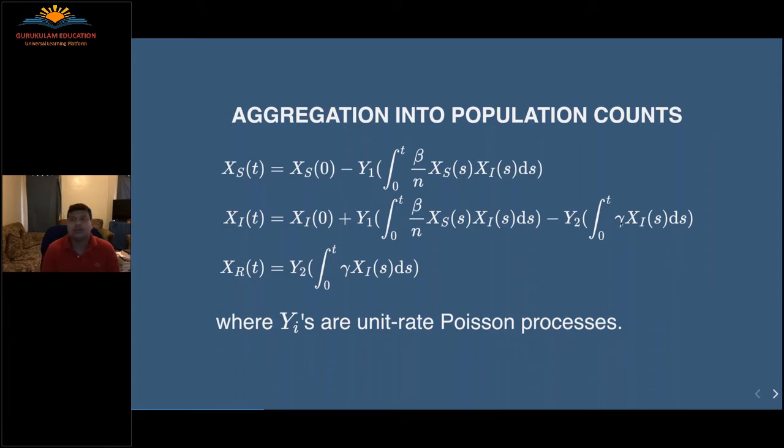Now we are no longer talking about individuals, we are talking about population counts. We can write down trajectory equations using unit rate Poisson processes, following again the random time change representation of Poisson processes. We get 3 equations, and these are stochastic equations now.